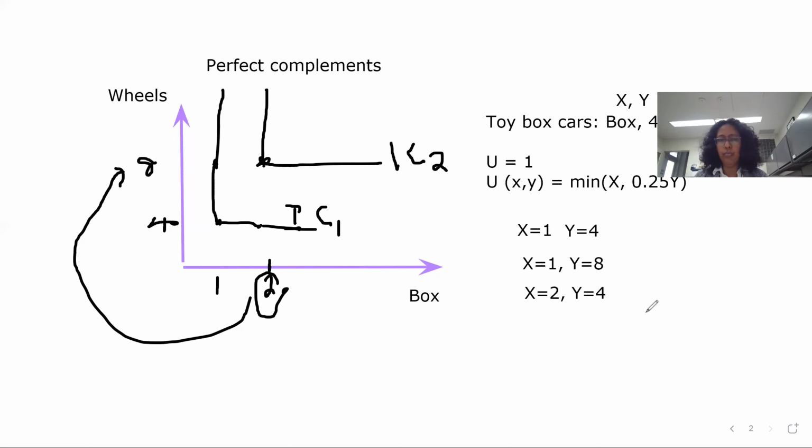This brings about a feature that we don't have in the perfect substitutes case: diminishing marginal utility. In the perfect complements, additional units of one good without increasing the other doesn't increase your utility, possibly not at all.